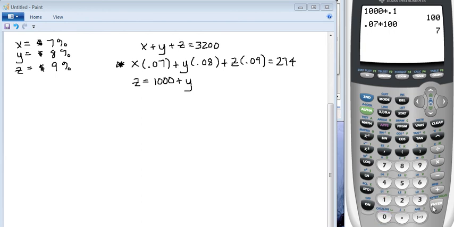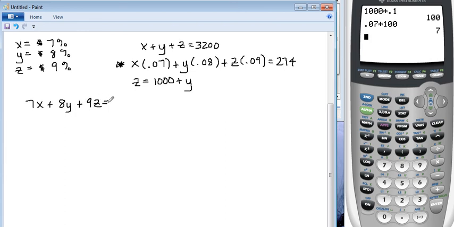So it turns into 7. So this will turn into 7x, 8y, 9z. Way nicer to work with. I also have to multiply this one by 100, so I'm going to have to add a couple zeros there. So this is my first equation then: 7x plus 8y plus 9z has to equal 27,400.